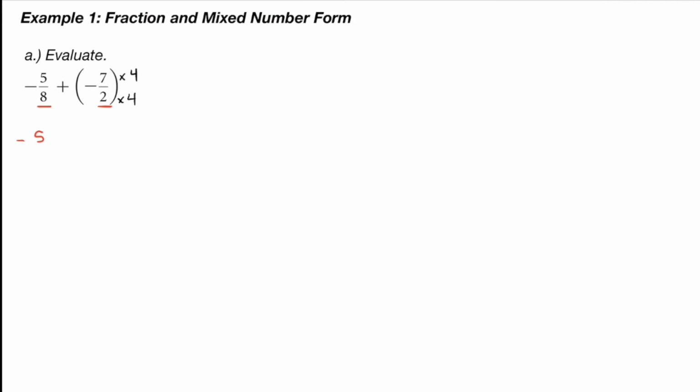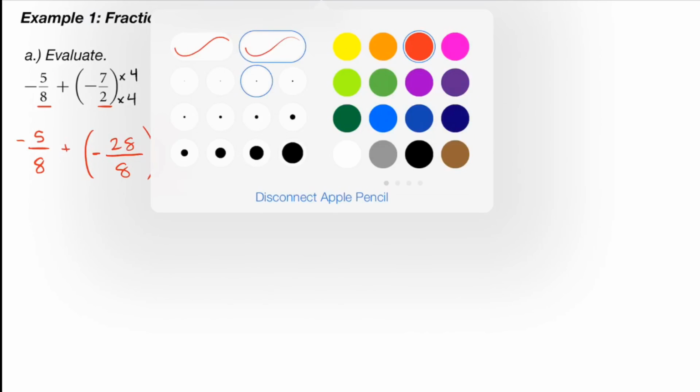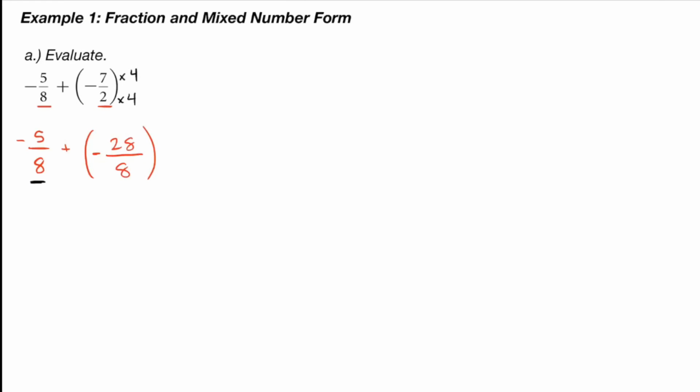Our first fraction doesn't change, plus, now since I multiplied this new fraction by 4, I'm going to keep the negative in front. 7 times 4 is 28, over 2 times 4 is 8. Now, as you can see, we have common denominators. They're both 8. So all you need to do now is add your numerators.